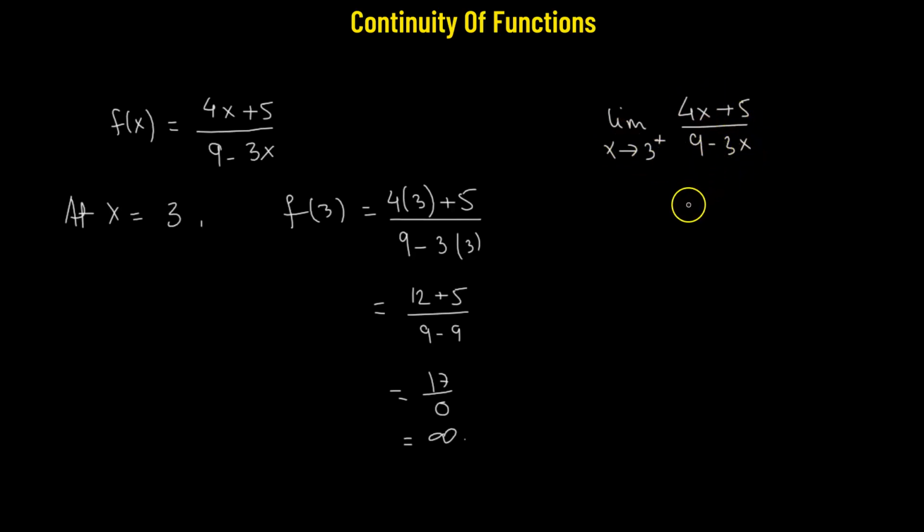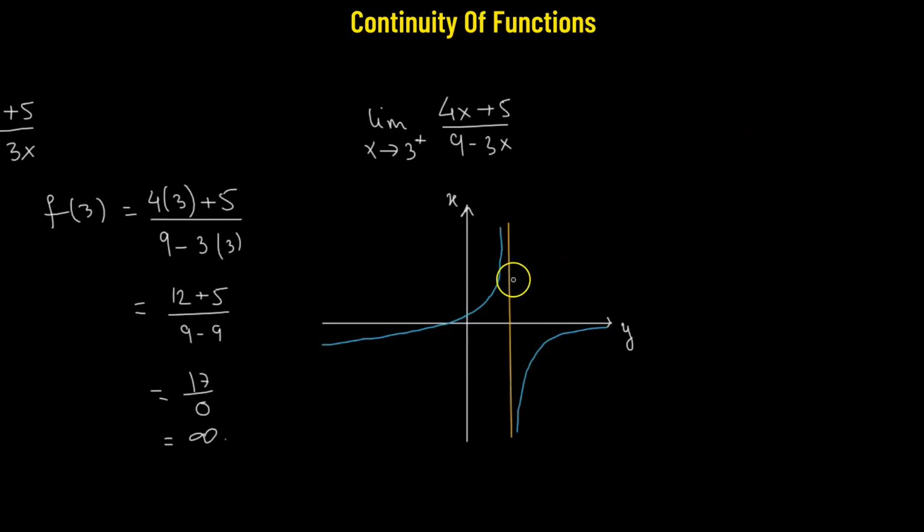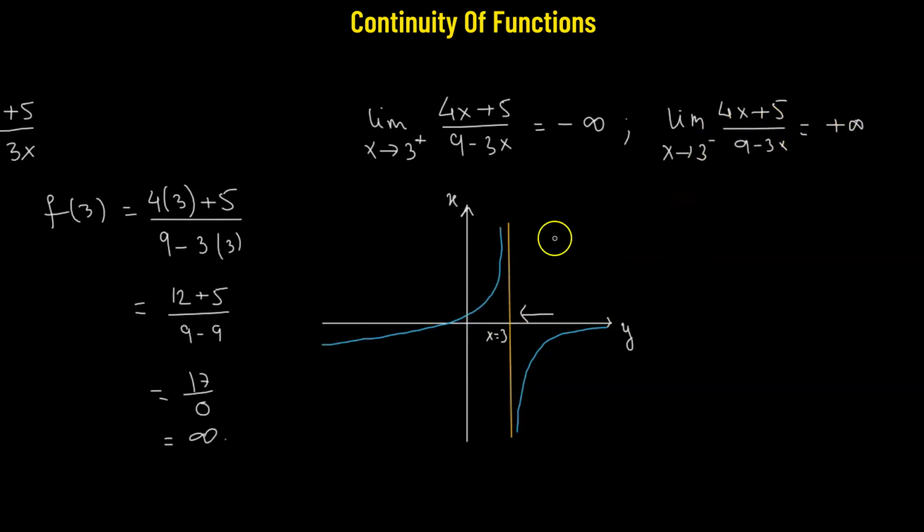So let's use Desmos. So this is the graph of this particular rational function, and we have a vertical asymptote at x equals 3. So clearly when we are approaching the value x equals 3 from the right hand side, we see that this blows to negative infinity, and if we approach x equals 3 from the left hand side, then it blows to positive infinity, as is evident from this graph.